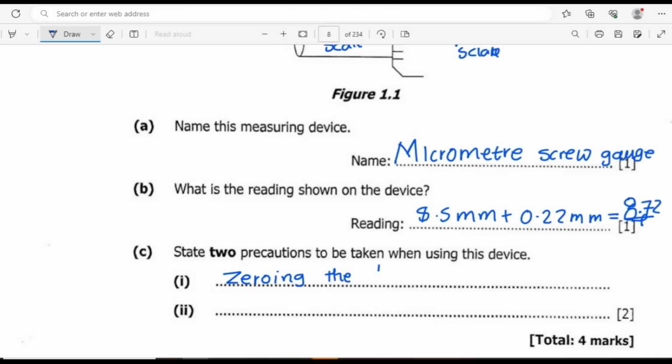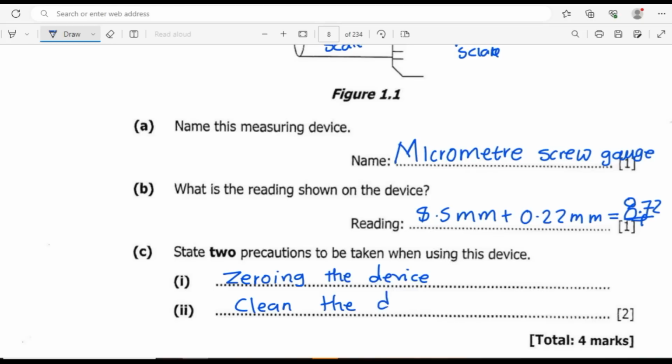Zeroing the device means making sure that the reading is 0 before you do whatever you are going to do. Then the second one, we have to make sure that we clean the device, because the micrometer screw gauge is so sensitive that it can even measure the diameter or the thickness of a dust particle.